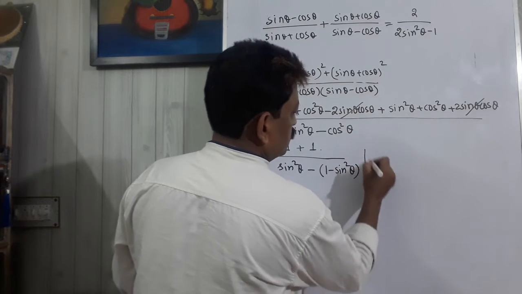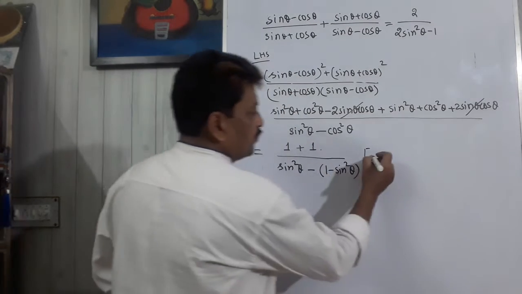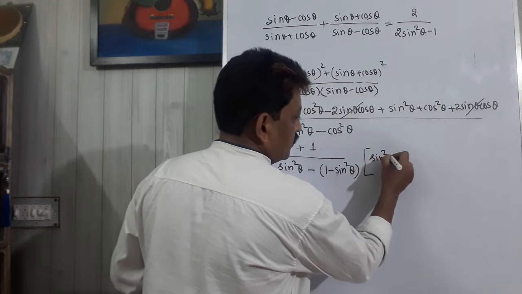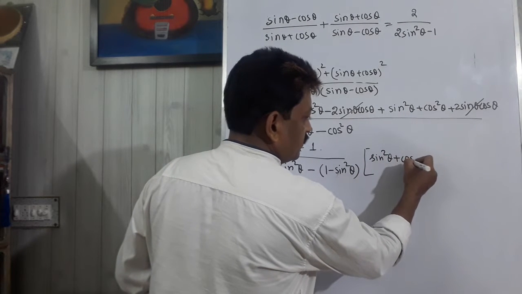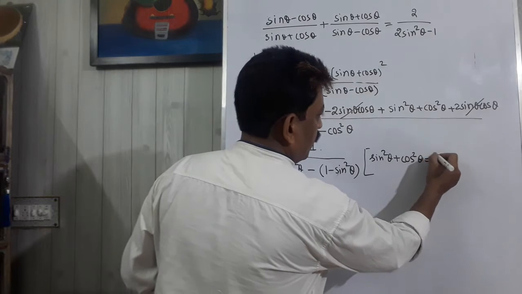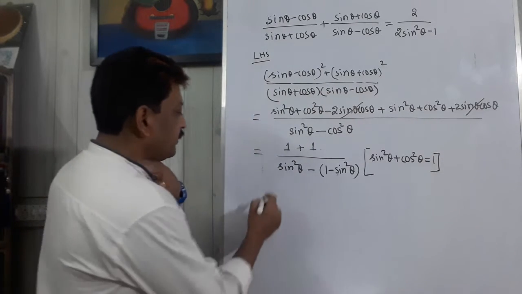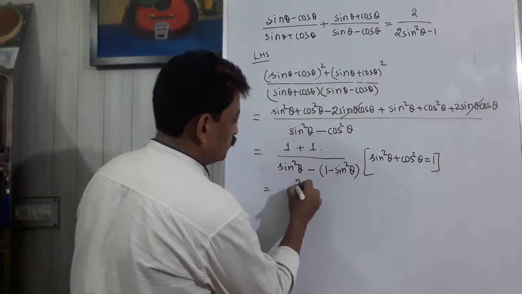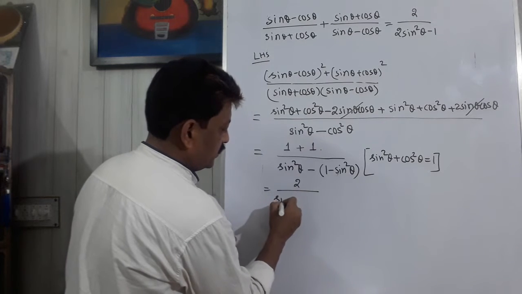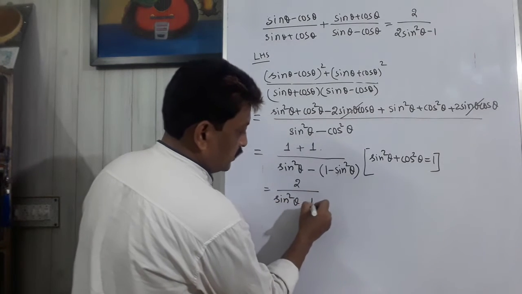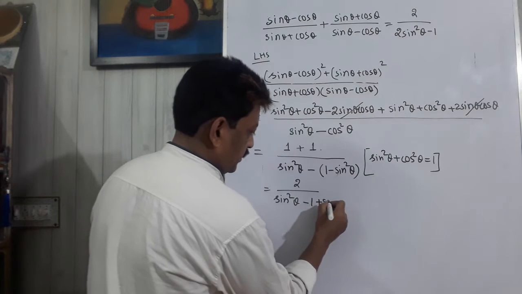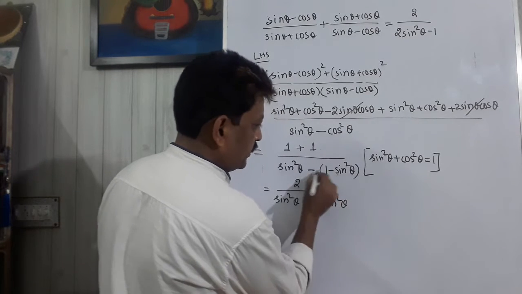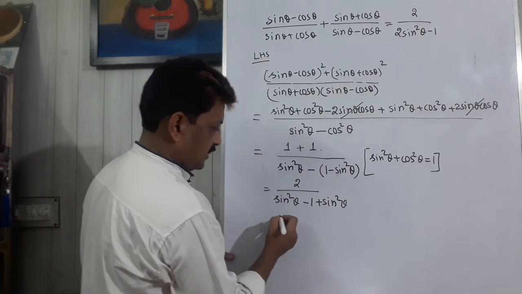So what are the identities used here? We have used the identity sin square theta plus cos square theta equals 1. Now this is 2. Here it is sin square theta minus 1 and this is plus sin square theta. Minus minus makes plus, so it is plus sin square theta.